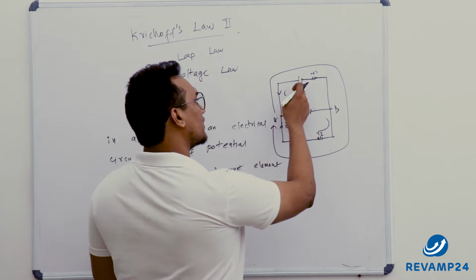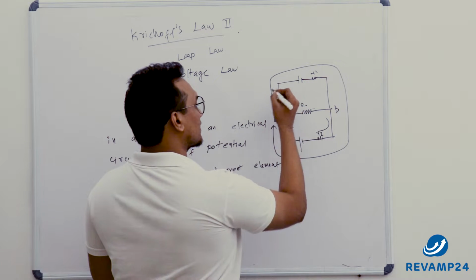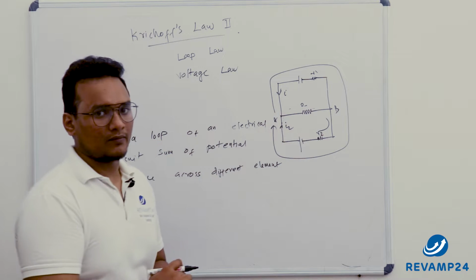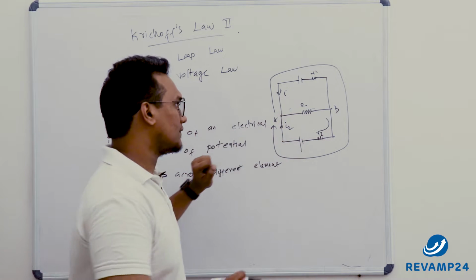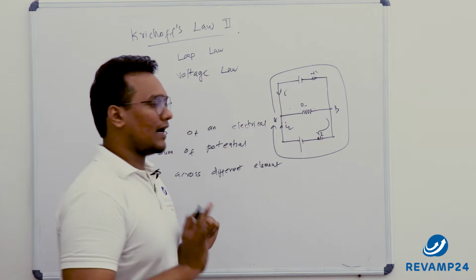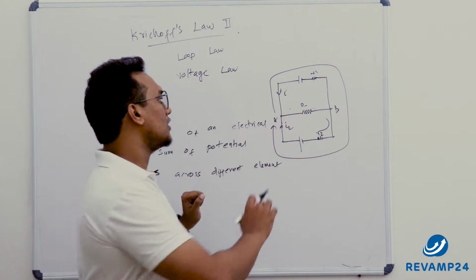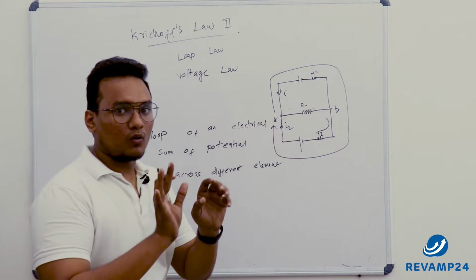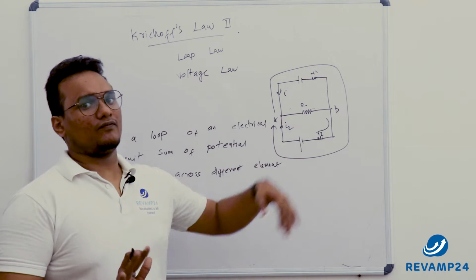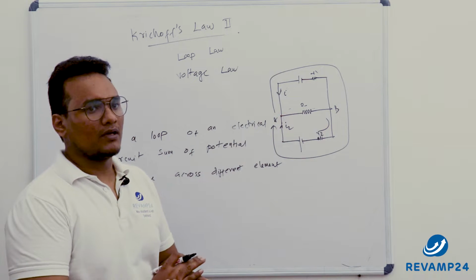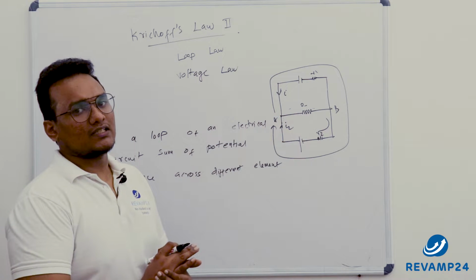From the positive, you can assume that current is coming in this direction. Here also, from positive, you can assume that current is coming in this direction. If this is wrong, then in your answer you will get I as a negative value, which means your assumption was wrong, but only the direction is wrong. Every other value will be the same. The numbers will be the same, but the directions will be wrong.